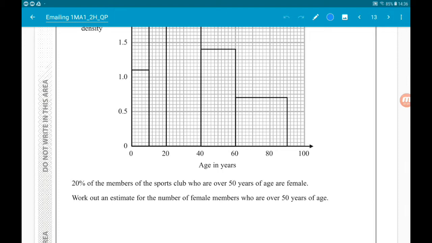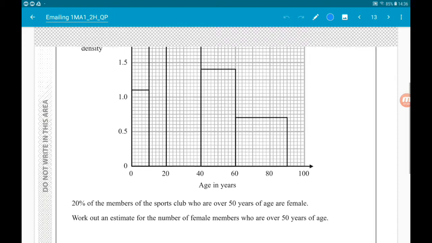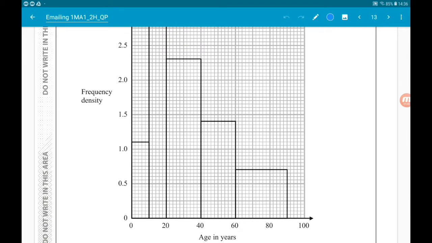Okay, so the important thing with histograms is that the area of the bar represents the frequency in that interval. So what we need to do is work out an estimate for the number of members over 50 and then find 20% of that.